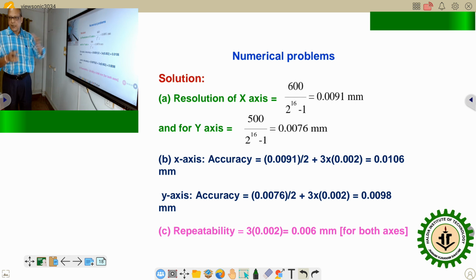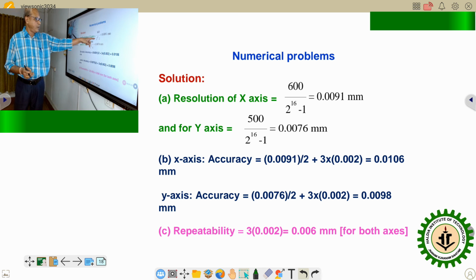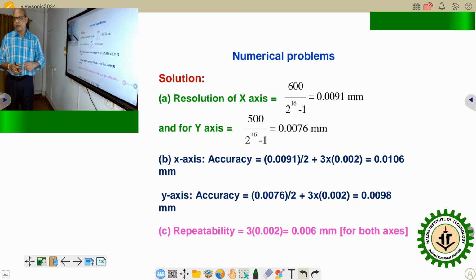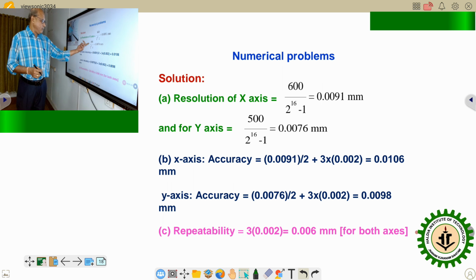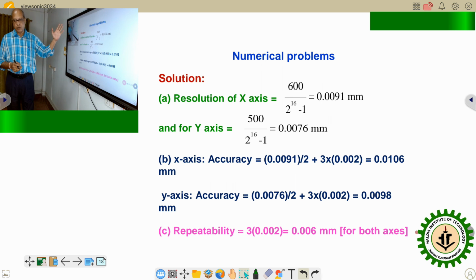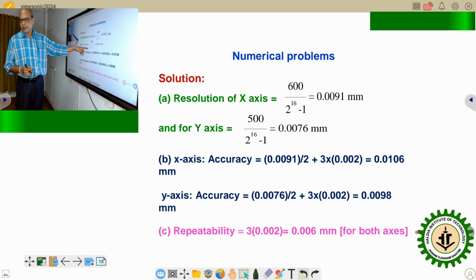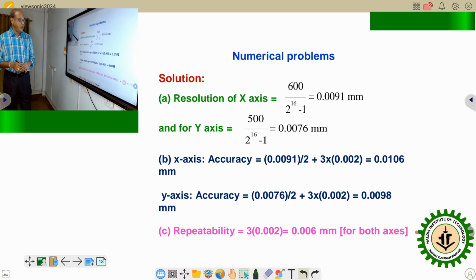For the x-axis, distance to be covered 600, so 600 by 2 to the power 16 minus 1, that is 0.0091 millimeter. And for the y-axis, the length coverage is given 500. Since the same microprocessor bit is used, the denominator will remain the same, so this calculation will yield the resolution as 0.0076 millimeter.